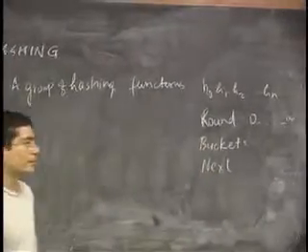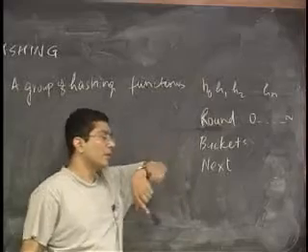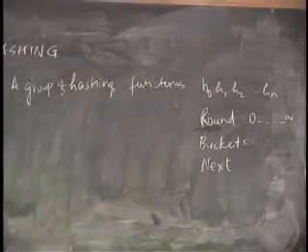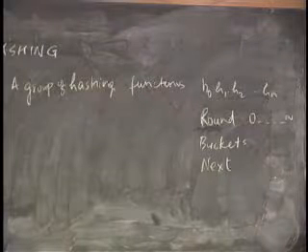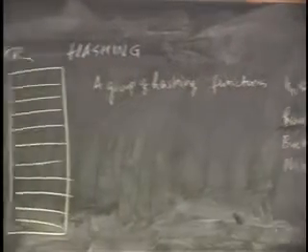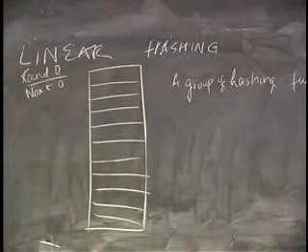Round is the round that you are taking; you can think of it as the first round, second round, third round, that way. So to begin with, you have round 0, and next is also 0. The variable next has value 0.